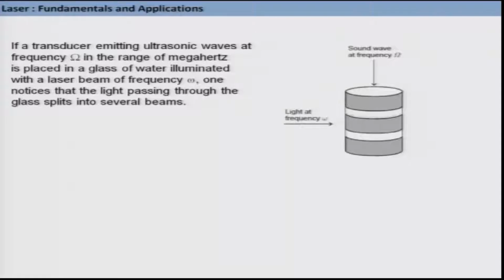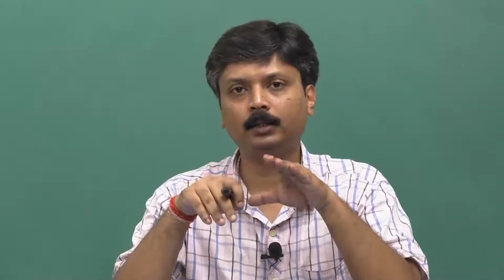So we took an example of a glass of water and an acoustic transducer which sends a sound wave through the glass. The sound wave will go through compression and dilation, and it will propagate through it.